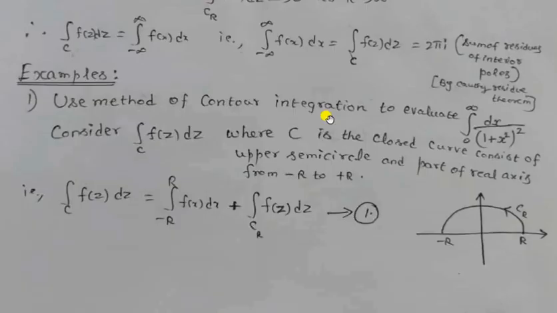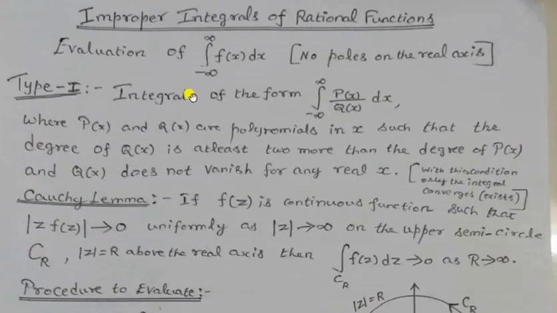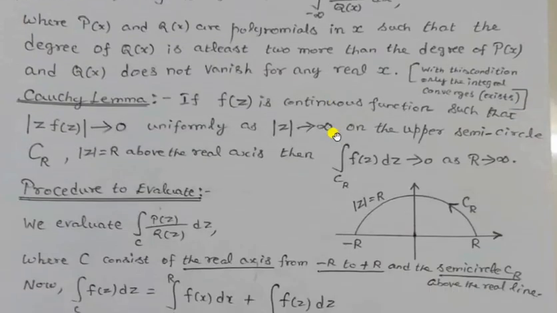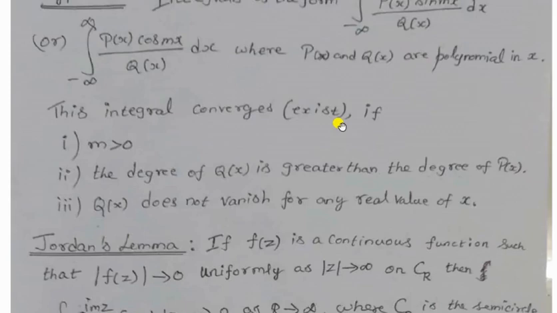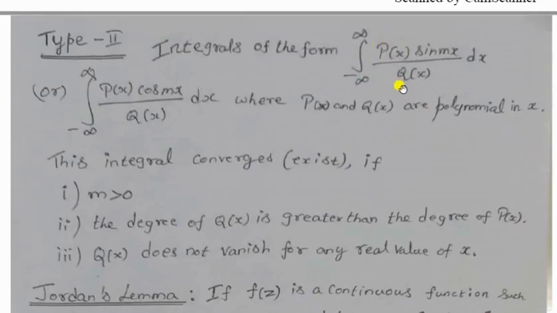Type 2 is similar to this. We are going to evaluate an integration of this type, which is integration minus infinity to infinity f of x dx. This f of x is a rational function, and in type 1 it is of the form p of x by q of x, with a condition for that. In type 2, it is a function of x only, but it is of the form p of x by q of x into sine mx, sine mx in the numerator.